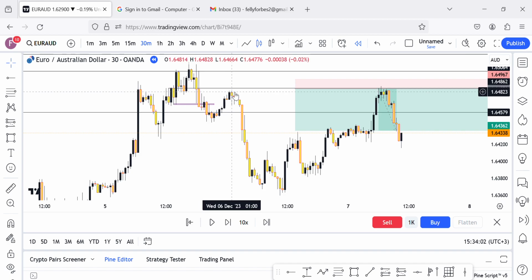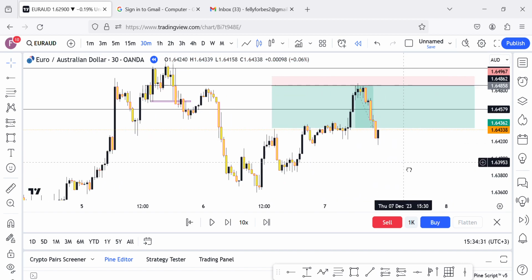You have to be patient and wait for your entry, because sometimes you may jump in here and then the price may do manipulation. So wait on your price, because when you jump on a trade, you increase your risk. Your stop loss won't be 10 pips anymore, it will be more than that. So you have to wait on your entry.